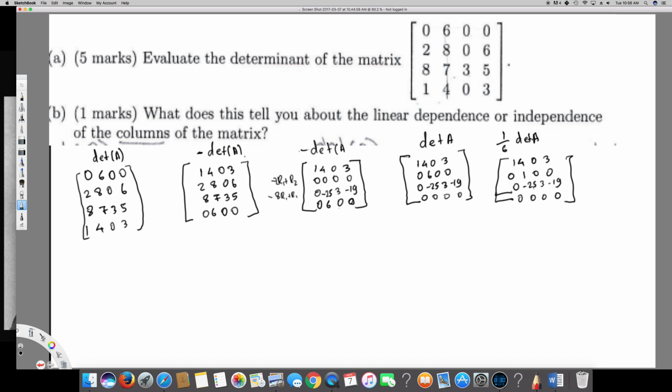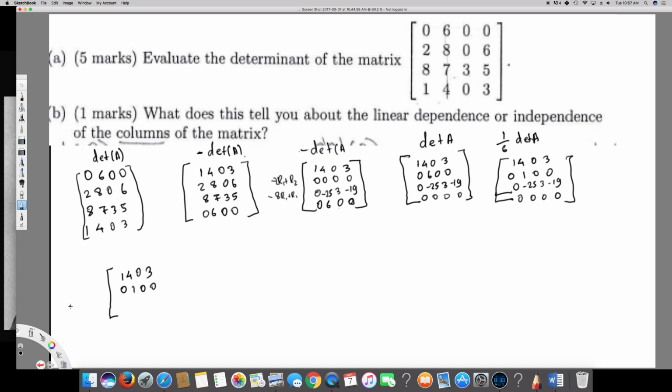Then I have to eliminate the 25. I can multiply the second equation by 25 and add it with the third equation. So that's what I'm going to do. It's going to be 1 4 0 3, then the second equation remains the same, 0 1 0 0.